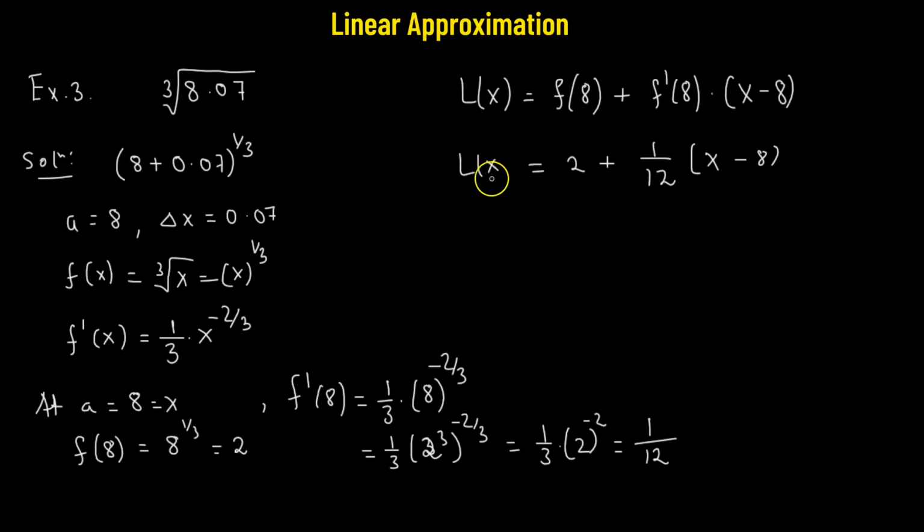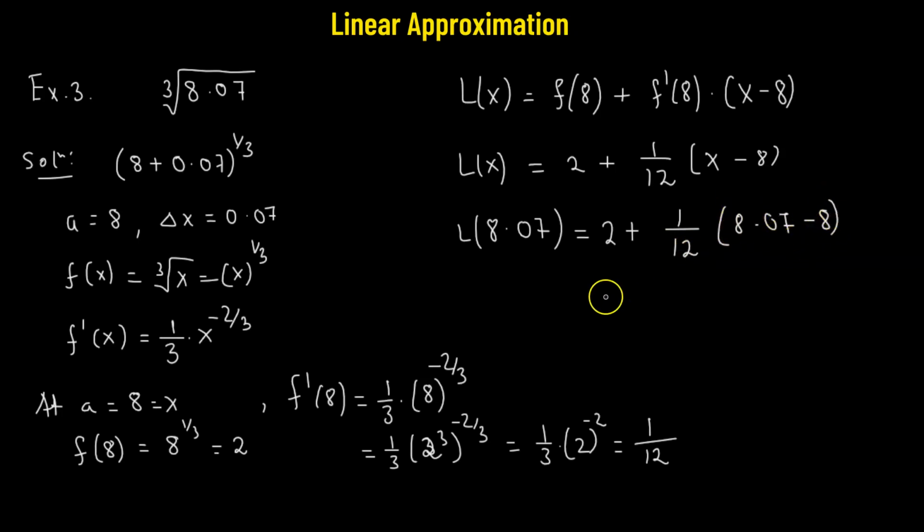So this is our linear approximation function. Now we'll substitute the value of x with 8.07. So this will be 2 plus 1/12 multiplied by 8.07 minus 8, which equals 2 plus 1/12 multiplied by 0.07.